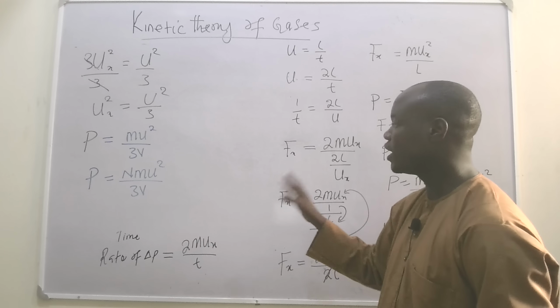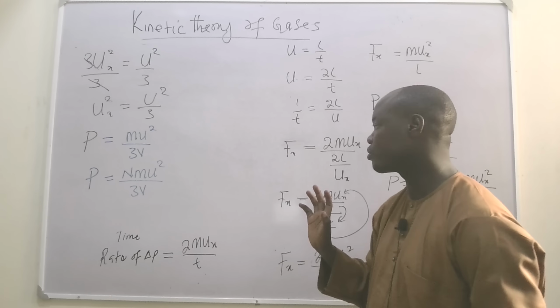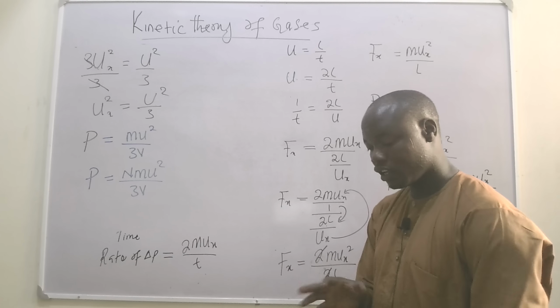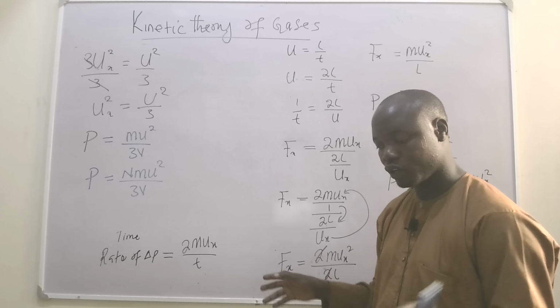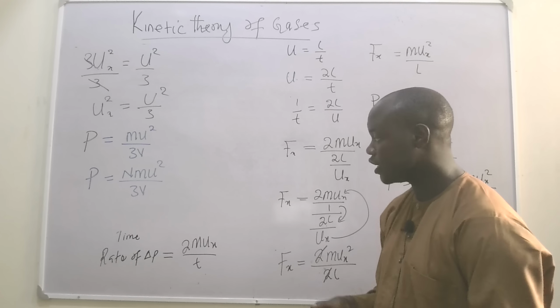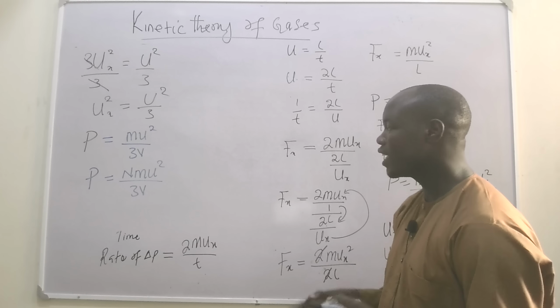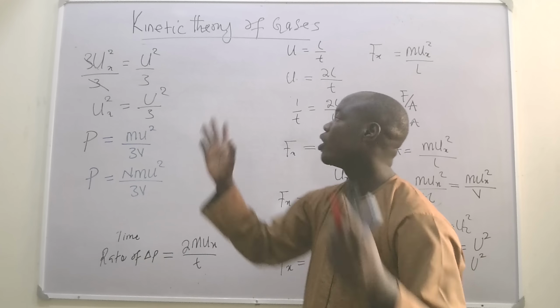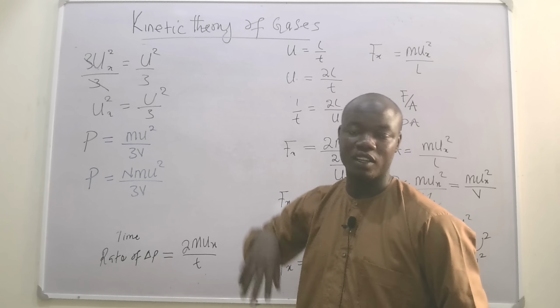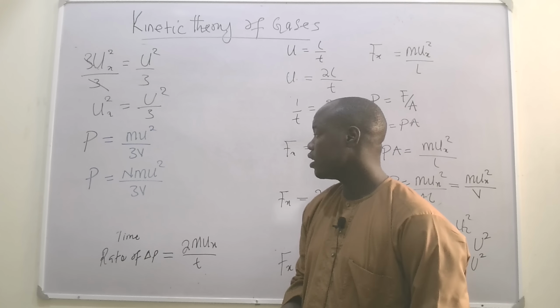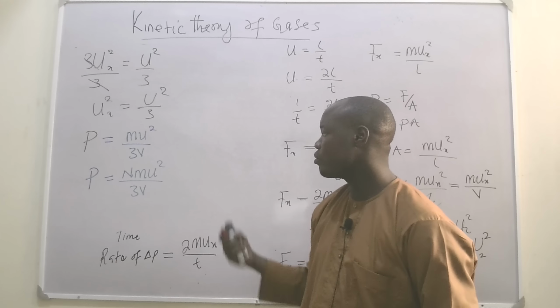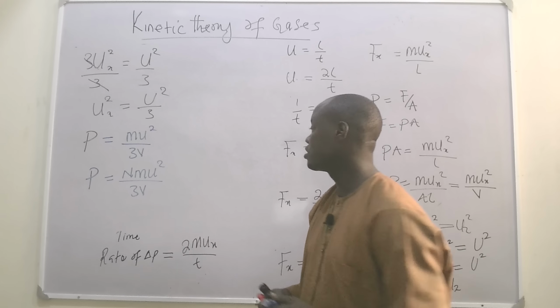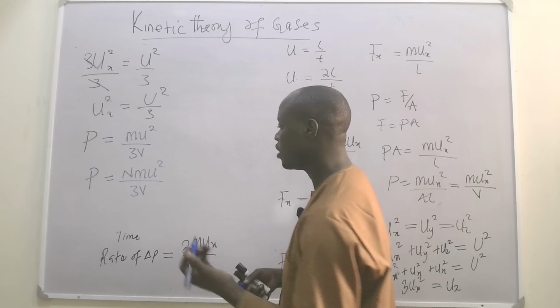You can get Boyle's law, you can get Charles's law, you can get the general gas law, and a lot of things from here. Like for example, from here we can derive what we call root mean square speed. And let's see how we can go about it.